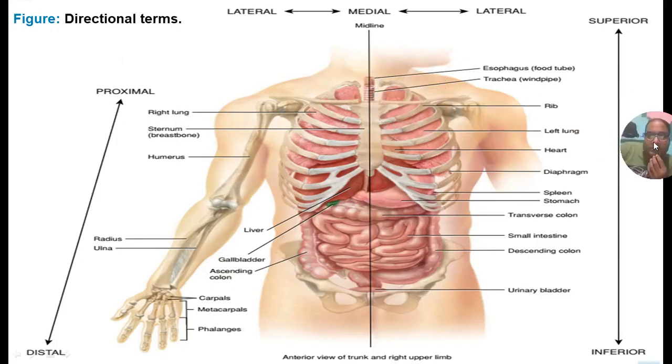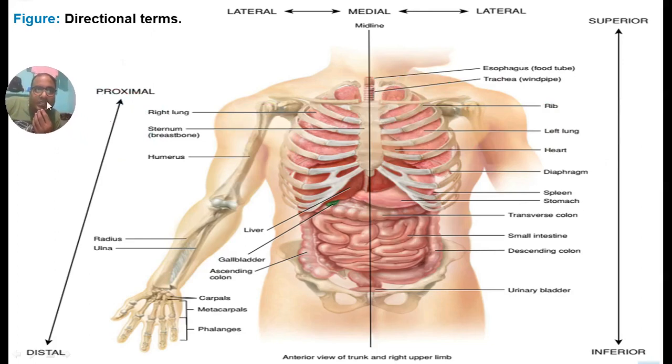Here are the directional terms as we have discussed in the previous slide. In this diagram, we can clearly understand: this one is a midline, the center line of the body axis.